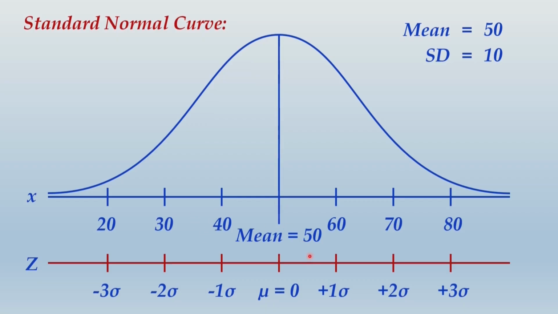So 40 minus 50 divided by sigma, where sigma, that is the standard deviation, is 10. So 40 minus 50 divided by 10 will give you minus 1. That is basically minus 1 standard deviation. If it is 30 marks, 30 minus 50 divided by 10 will give you minus 2. That is how we get the Z scores as plus 1, plus 2, plus 3 or minus 1, minus 2, minus 3 and so on.